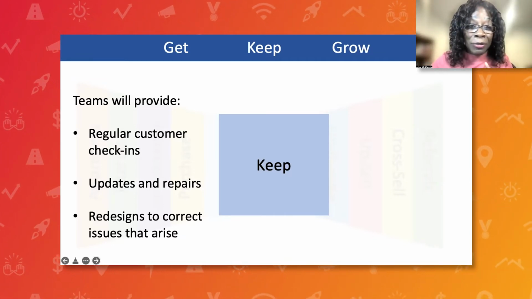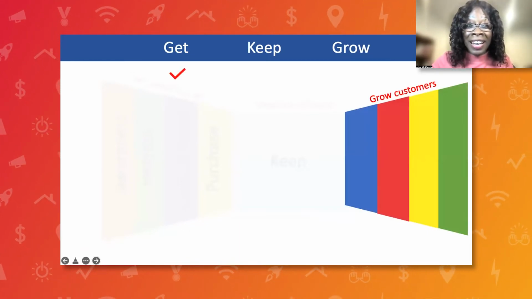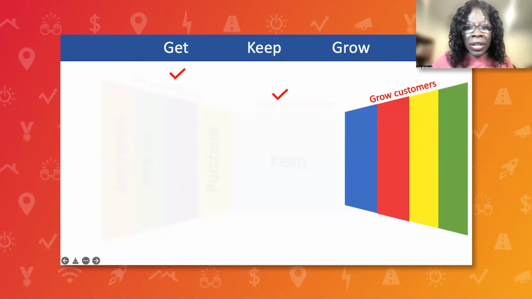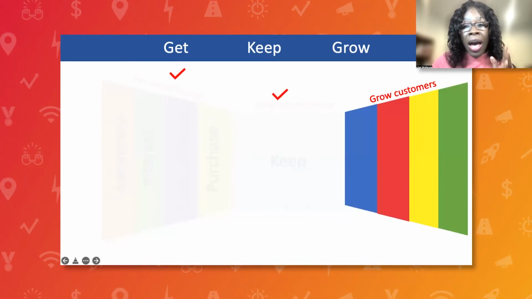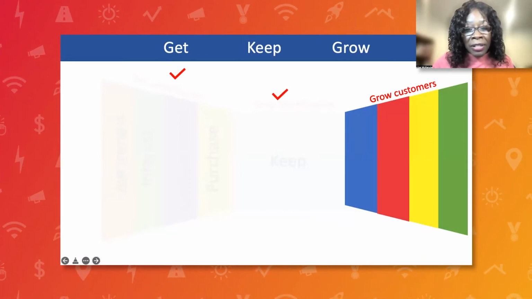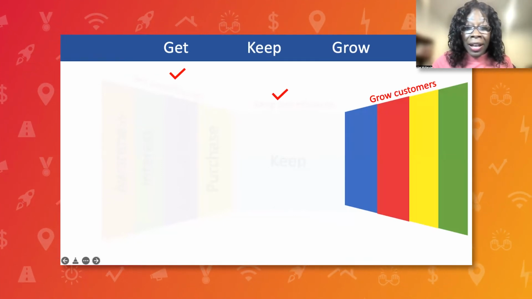So we talked about getting customers. We talked about keeping customers. And now we want to talk about how we grow customers. And when we think about growing customers, there's really nothing magic about it.